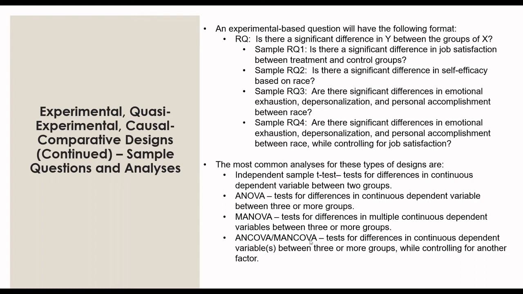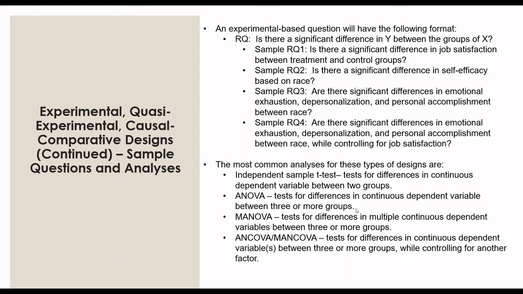An ANCOVA or a MANCOVA is exactly what these 3 research questions are, but you add on a control variable. That's what the C stands for. So let me go back a step. ANOVA stands for analysis of variance. MANOVA stands for multivariate analysis of variance, meaning you have multiple dependent variables.